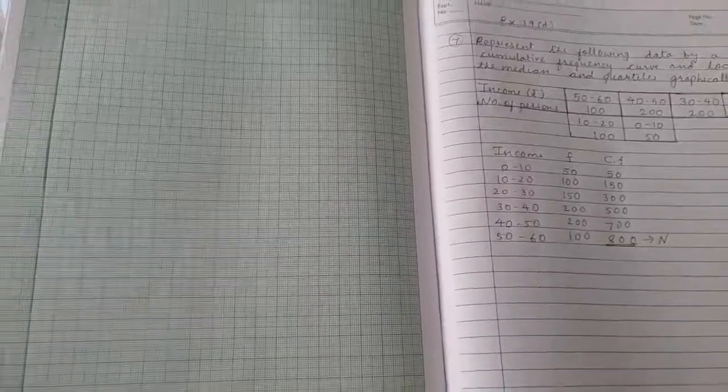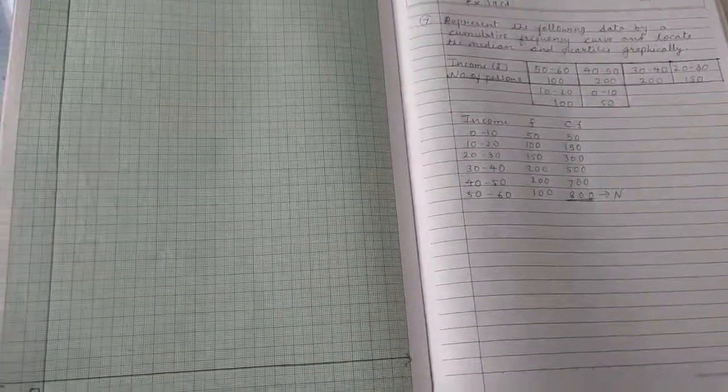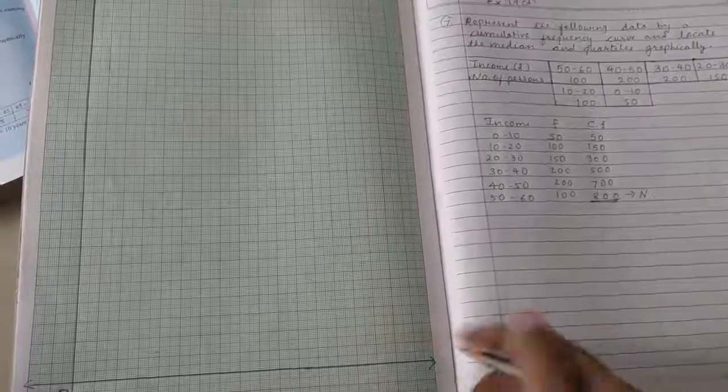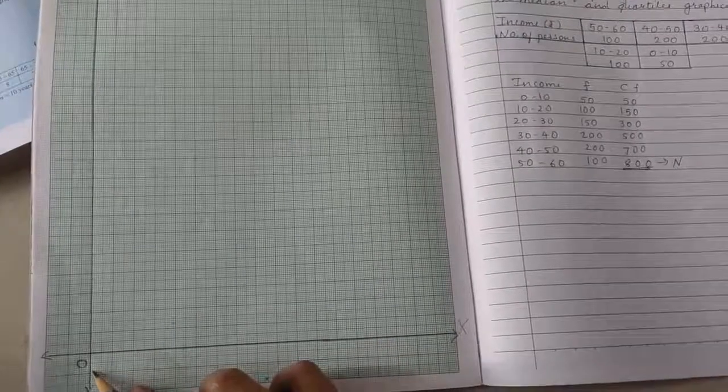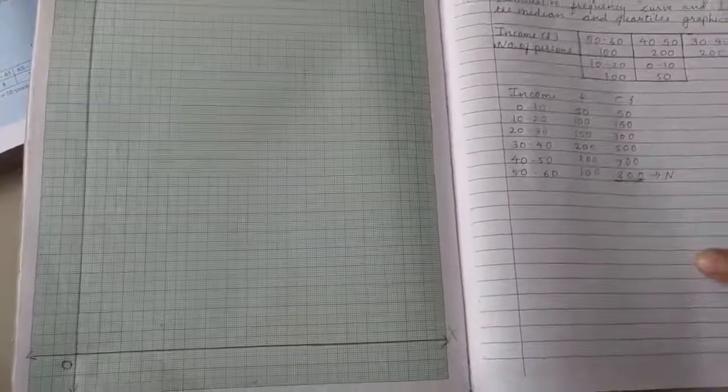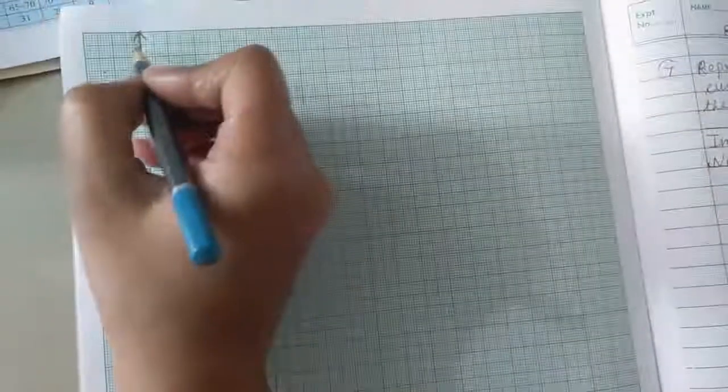Now let us start drawing it graphically. Here you can see I have already drawn the grids. This is our x-axis. Horizontally I have left the last two boxes, and this is the origin, the intersection of the x and y axis. Students, this is the y axis.